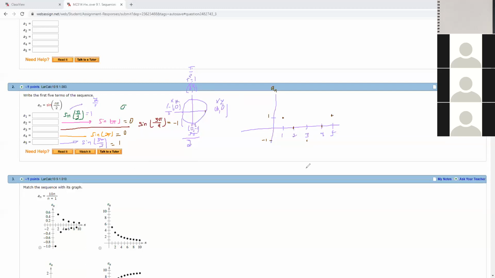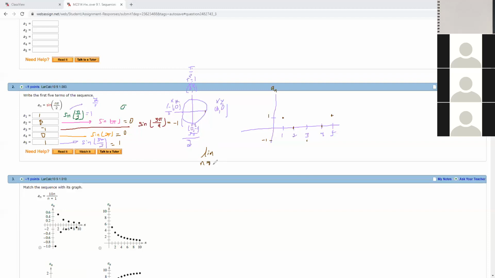So first of all, question number 2 is simply to write down these answers here: 1, 0, -1, 0, 1. The more important question, which they didn't ask yet but I'm trying to teach you now together, is this.